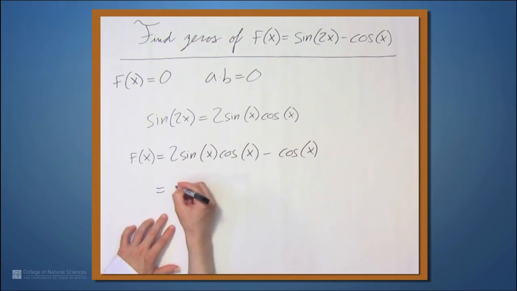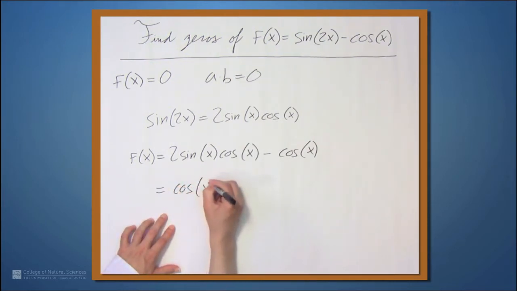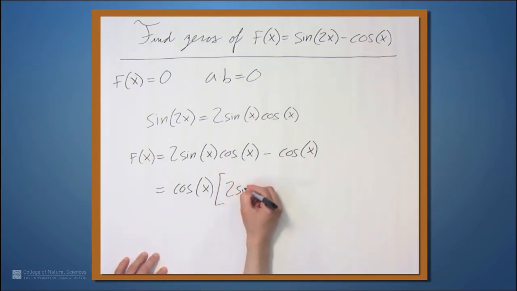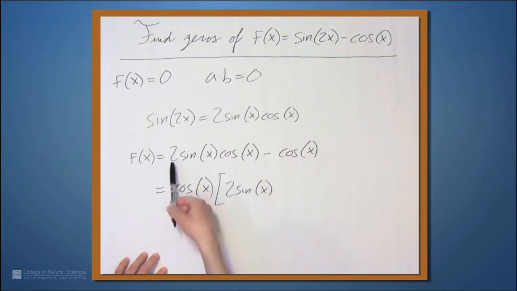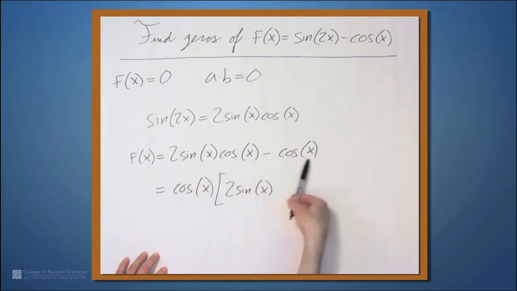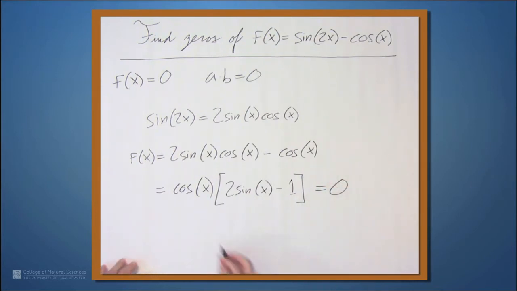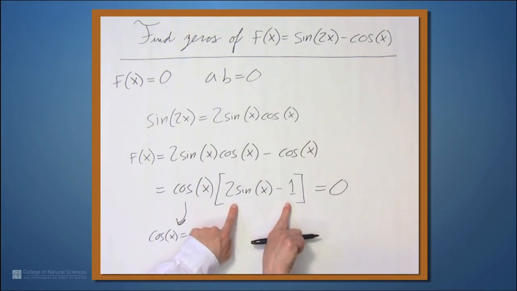So f of x is cosine x times the quantity 2 sine x, that's what's left from this first part without the cosine, minus 1. We want to set this thing equal to 0 and then solve for x. So that means that either this first term, the cosine x, is 0, or this second term is 0.